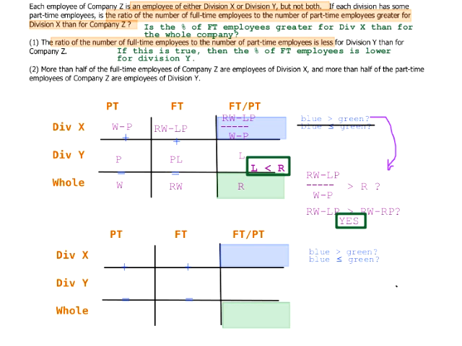Statement 2, we could probably just try to do the same sort of thing. More than half of the full-time employees are employees in Division X. That means that this is more than that. Yeah, I mean this is more than this. So if I say that is, I don't know, y plus some increment, and y, and then half the division y has more part-timers, so we can call it x plus a quantity.